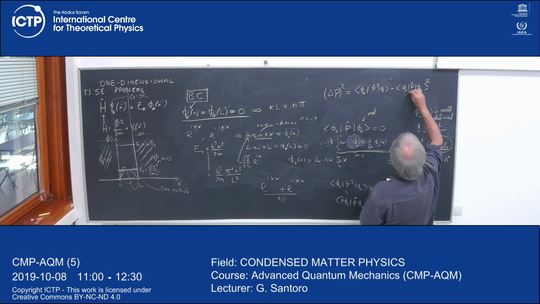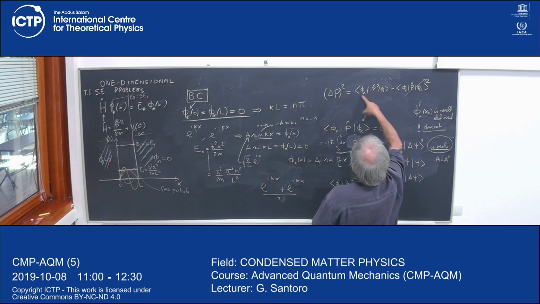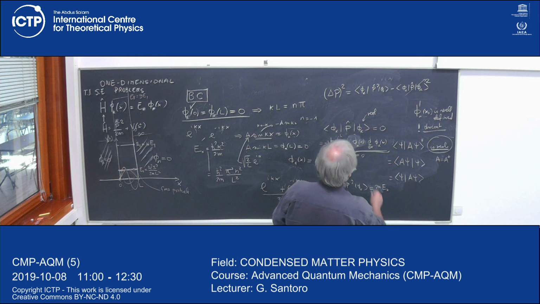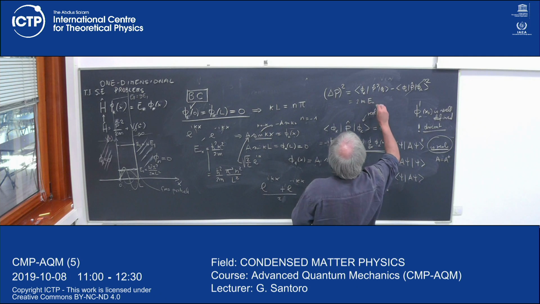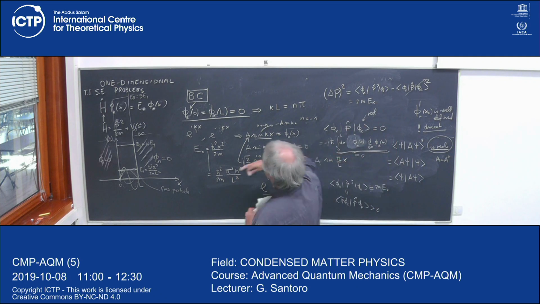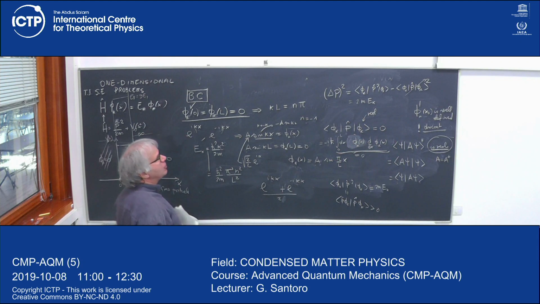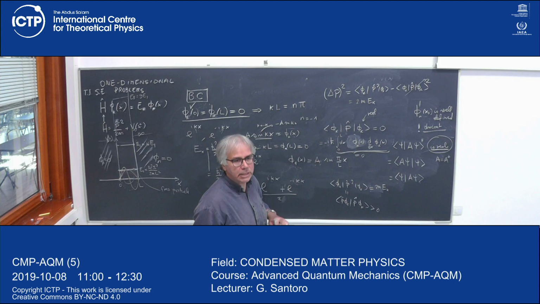So this is 0, but this is equal to 2m e_k. So as you increase your eigenvalue, the spread of momentum increases.